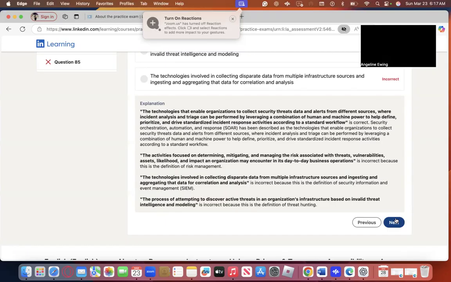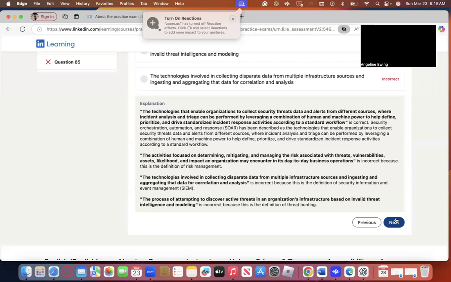The definition of SIEM is the technologies involved in collecting disparate data from multiple infrastructure sources and ingesting and aggregating that data for correlation and analysis.